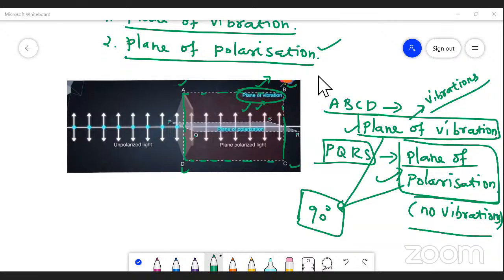Plane of polarization: the plane which is perpendicular to the plane of vibration, at a right angle, in which no vibration takes place, is known as the plane of polarization.